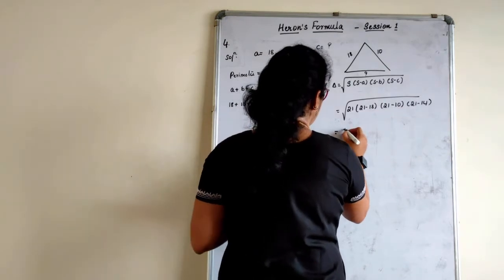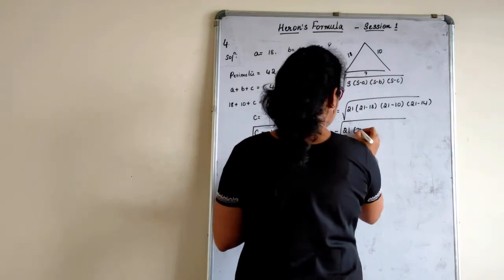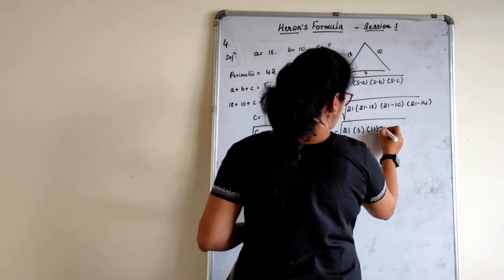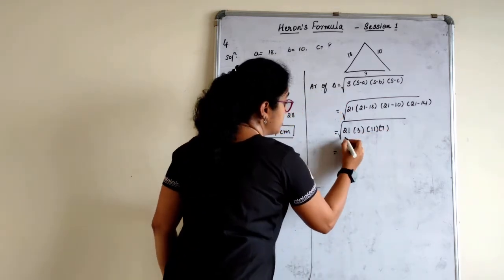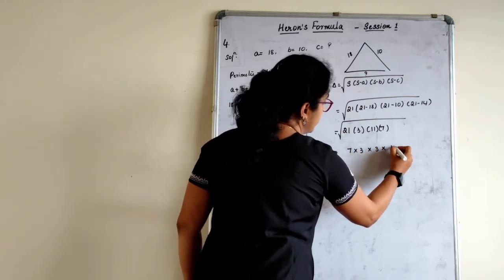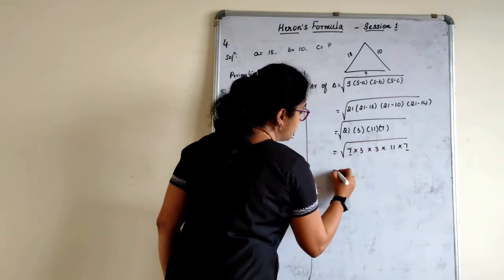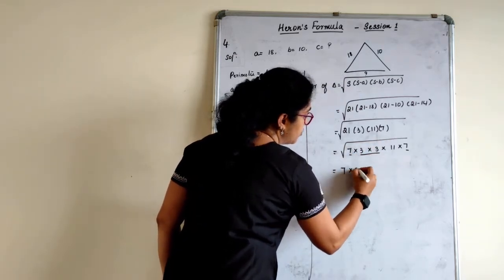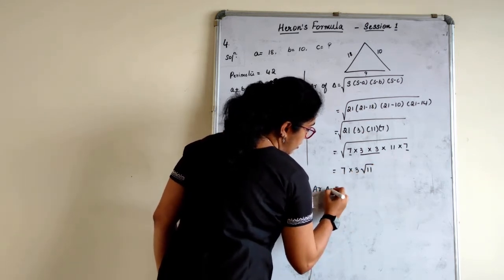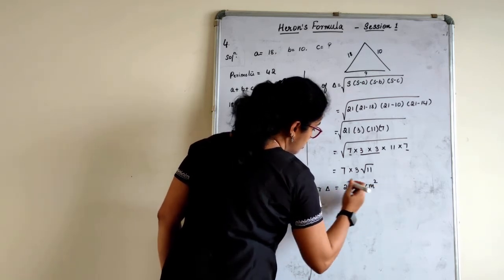So let's find out: 21 square root of, 21 minus 18 is 3, 21 minus 10 is 11, 21 minus 14 is 7. Split 21, 7 3s are 21. Don't multiply, keep it as it is, into 11, into 7. Now you can group the terms. As soon as you group them, bring it out: 7 into 3, 11 is left as it is. So the area of the triangle is 21 root 11 centimeter square.